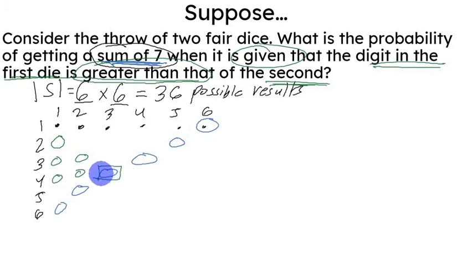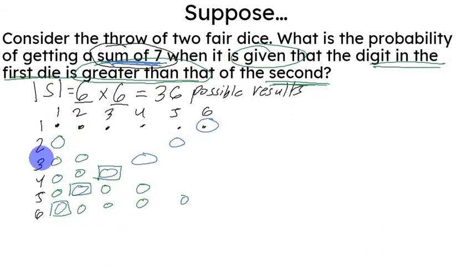Let me box them out instead of encircling so we can see that they're actually part of the two events that we're looking into. 5 is greater than 1, 2, 3, and 4, and 6 is greater than 1, 2, 3, 4, and 5.